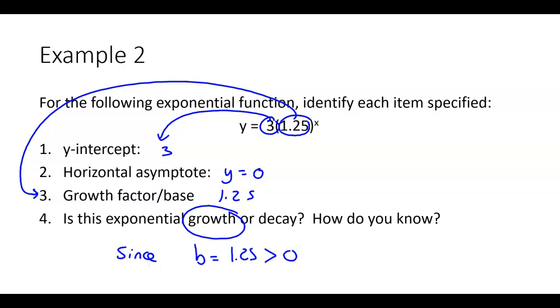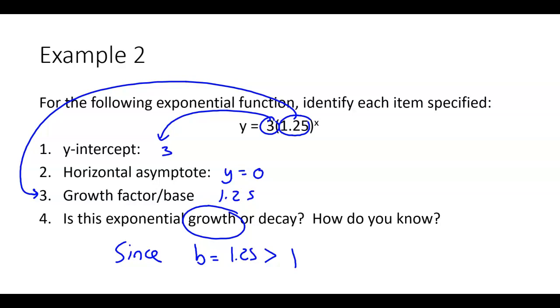So since b, which is 1.25, is greater than, oh, I put 0. I messed up, sorry. It's supposed to be 1. So if this is exponential growth, since b, which is 1.25, is greater than 1. If my b value is less than 1, that would be a decay.